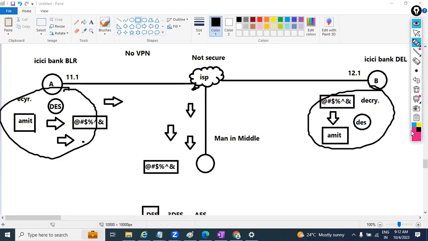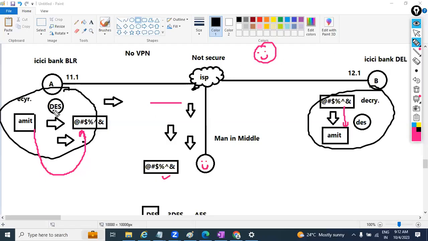Any doubt? The thing is, we are just getting happy because we have converted the plain text into cipher text and sent it over the ISP. The other side has one copy of my encrypted data, decrypted it, and got the data. So why are you just happy here?